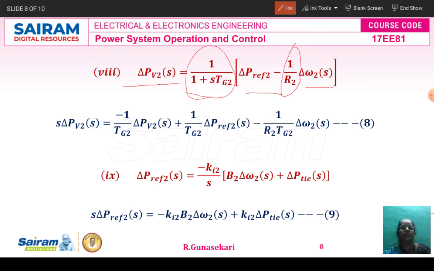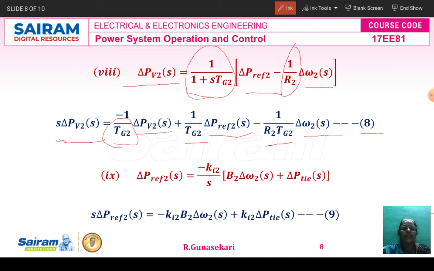The 1 by R2 is the speed droop of area 2. After simplifying, s into ΔPV2 of s equals minus 1 divided by Tg2, the governor model time constant for area 2, into ΔPV2 of s plus 1 divided by Tg2 into ΔPreference2 of s minus 1 divided by R2 Tg2 into Δω2 of s. This is equation number 8.